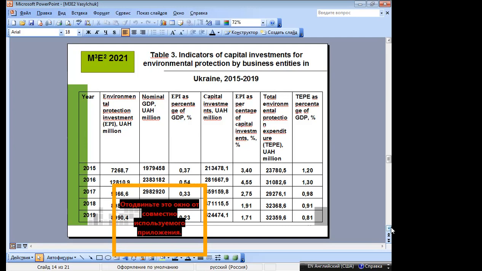Thus, we can make a conclusion that there is chronic underfunding of environmental spending in the country and a decrease of business interest in implementing long-term environmental projects. This does not give us the opportunity to claim active implementation of environmental goals of sustainable development by Ukrainian companies.